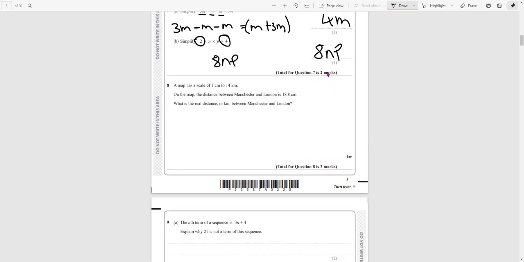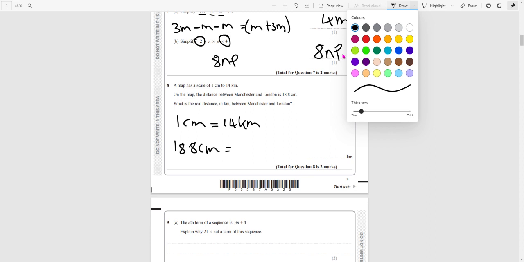Let's go through question number 8. A map has a scale of 1 centimeter to 14 kilometers. On the map, the distance between Manchester and London is 18.8 centimeters. What is the real distance between them in kilometers? Now, from 1, how do we get to 18.8?